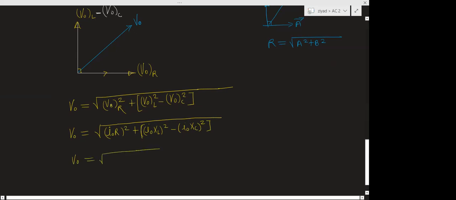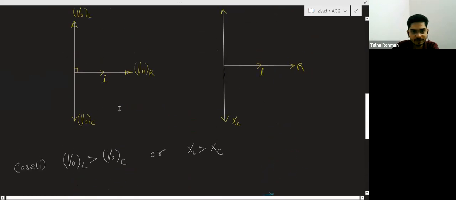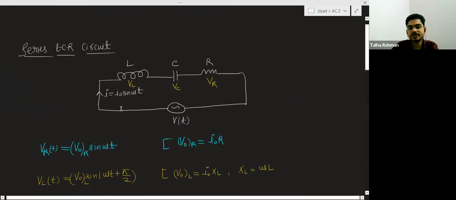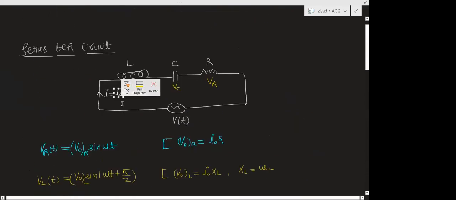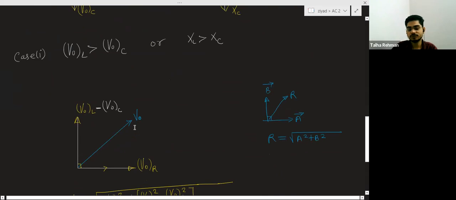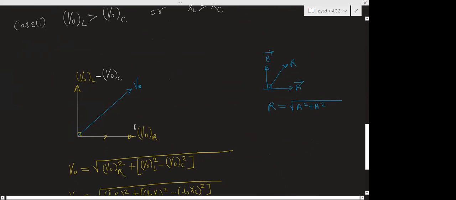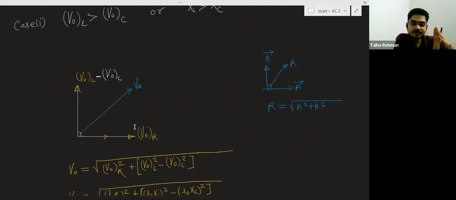Sir, why are we taking I0? I have told you what is I0. I0 is basically the peak current. Why am I taking the peak current? Because this peak current is the constant value. If we take any other value, then we cannot solve it, because that value will always change with time.